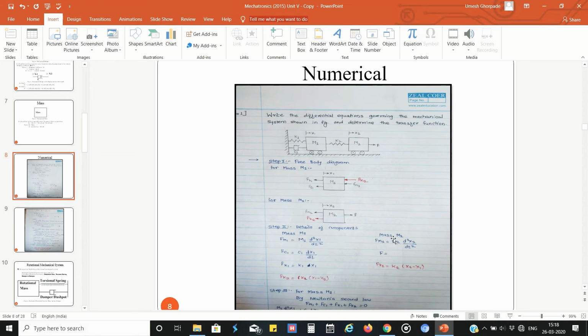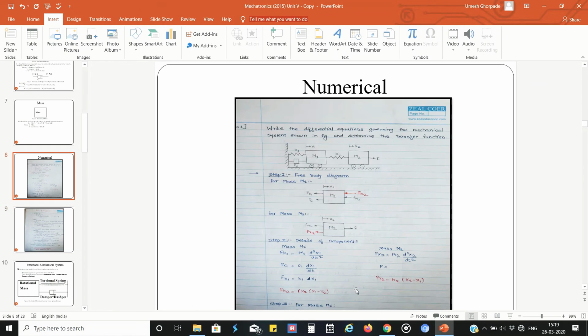Similarly for mass m2, Fm2 is equal to m2 d square x2 upon dt square, and Fk2, the special case, for mass m2 is k2 into (x2 minus x1).